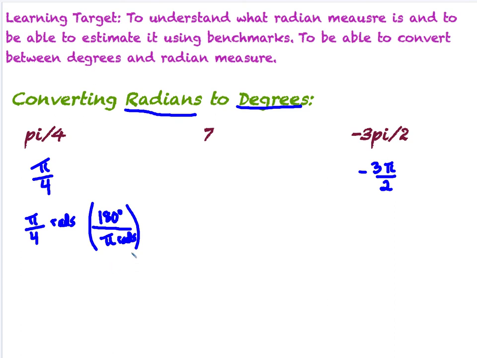And the 180 will then go on top. And so if we look at what happens here, these rads will cancel. Again, I very rarely say that. And the pi over pi will create a 1. And what that's going to leave us with is 180 degrees divided by 4. Well, if you cut 180 degrees into quarters, you'll end up with 45 degrees.